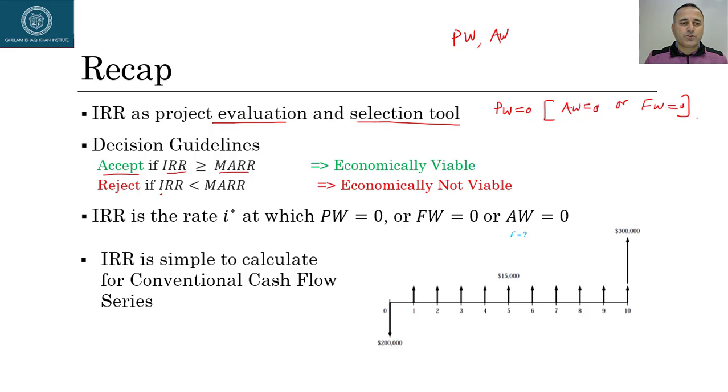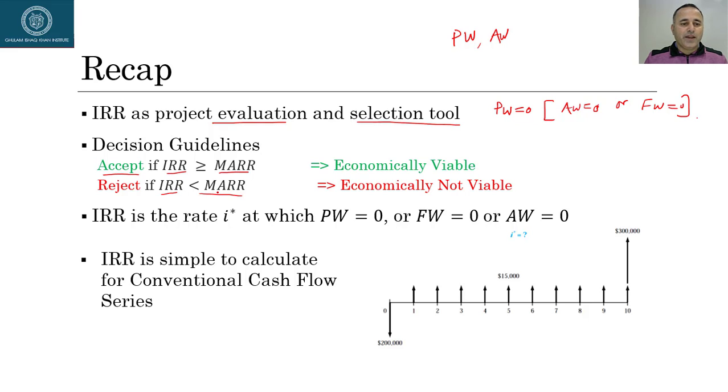And of course, we reject those projects for which the internal rate of return is less than the minimum attractive rate of return. And it makes really sense. Minimum attractive rate of return is the rate which the management requires at minimum. It is the minimum threshold.